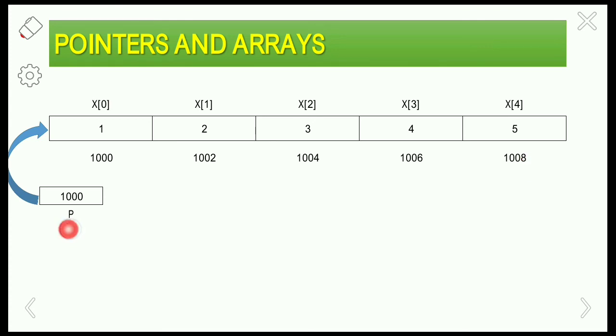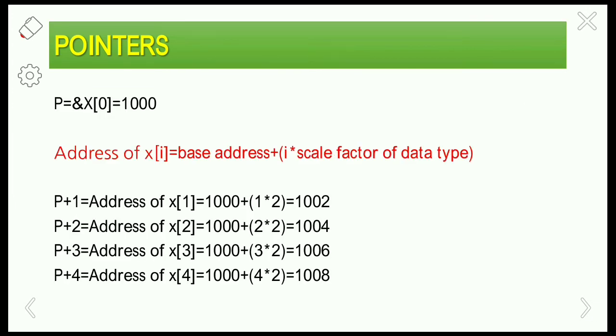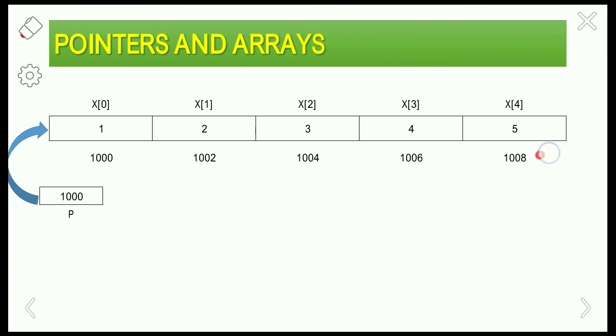Next we consider the base address plus i into scale factor of the type. What is the base address for this given array? 1000, plus the index value that we want to point to, which is 4, into the data type of 2 bytes. So 4 into 2 is 8, so 1008 is the particular location.